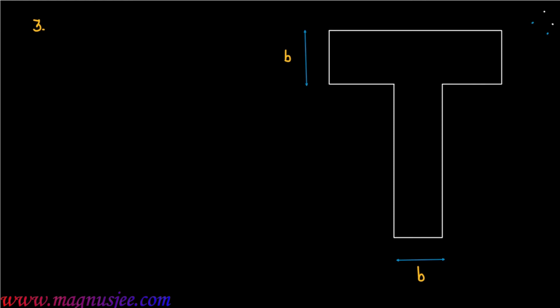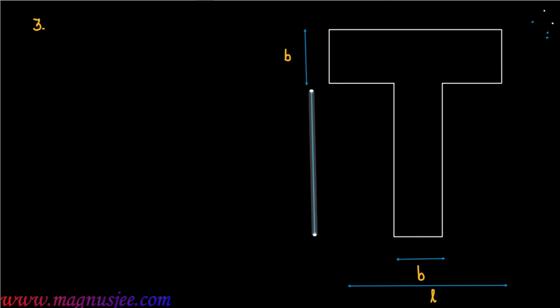Length of the horizontal part is small l, and the height of the vertical part is small h.